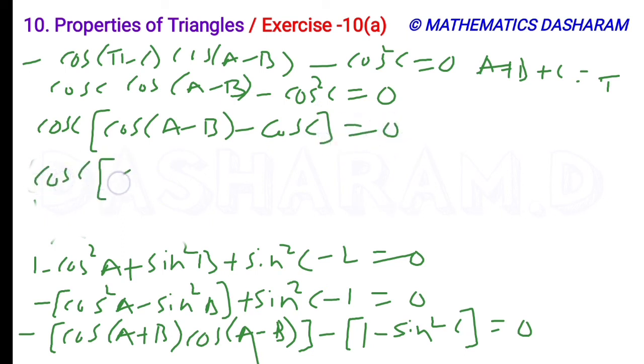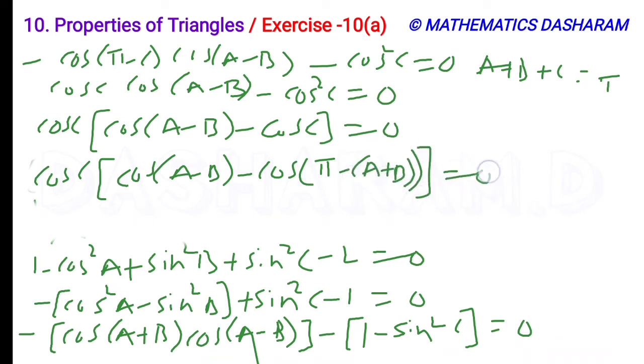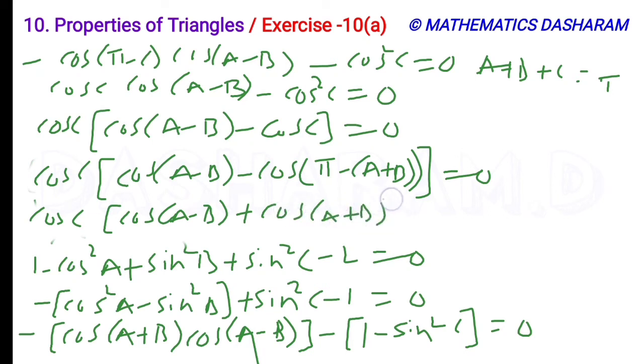Cos C into [cos(A minus B) minus cos C], the C value can be written as pi minus (A plus B), equals 0. So cos C bracket of cos(A minus B), cos 180 minus theta is minus cos theta, so minus of minus plus cos(A plus B) equals 0.